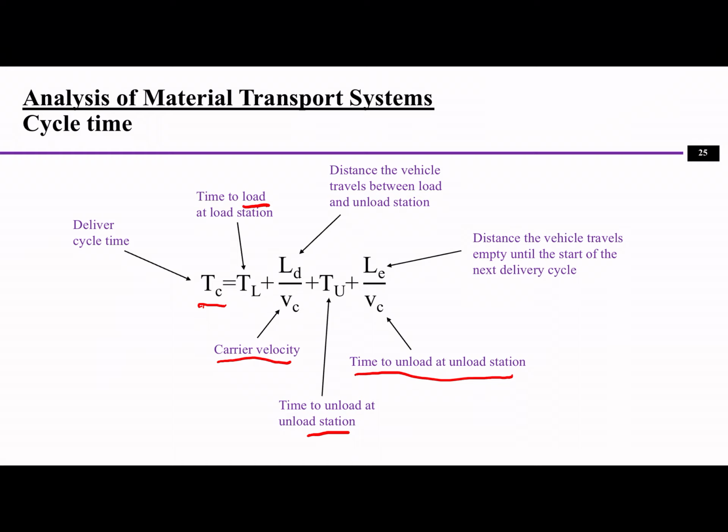This arrow should be here. All right. So this is the distance to travel empty until the start of the next delivery cycle, because the equipment has to come back to the loading station.